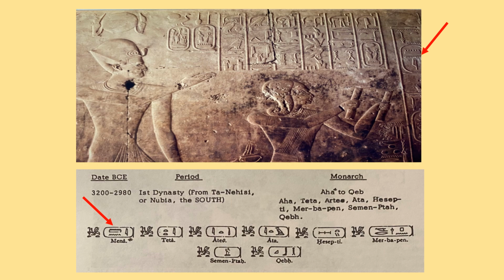The first Shanu that he is indicating is the Shanu of the first Nasut of the first dynasty, and that is the Nasut Mena. And that was from 3200 to 2980 before the Common Era. That is some 1,000 years before Seti showed this information to Ramesses II.